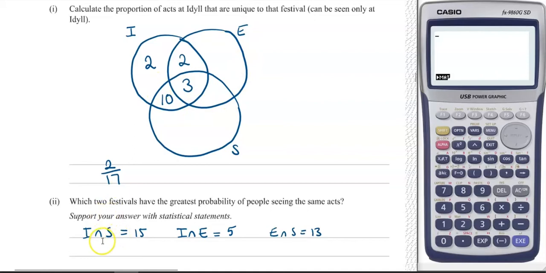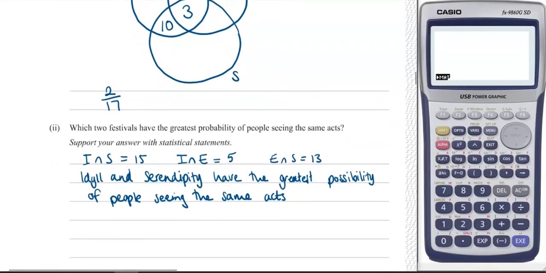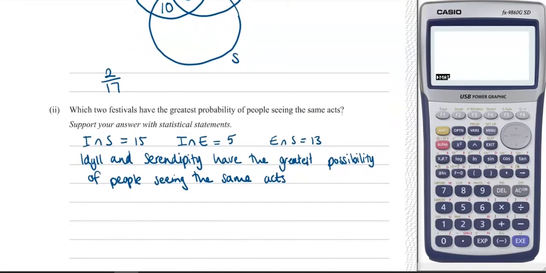So we've got the most overlap between Idyll and Serendipity. Now, just before I move on, because this question is asking about probability, I've just given numbers here. We really should express that as probabilities. So it'd be 15 out of 37 total acts, 5 out of 37 total, 13 out of 37, like that.